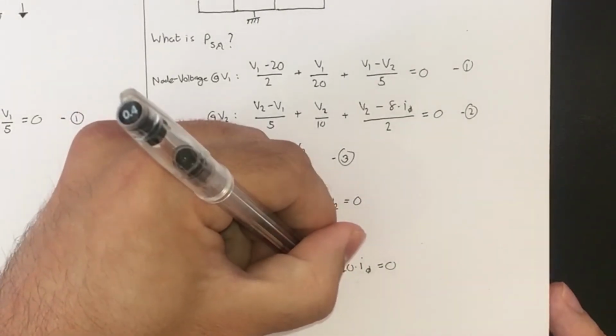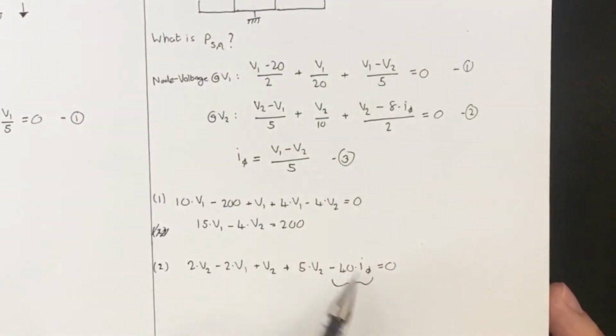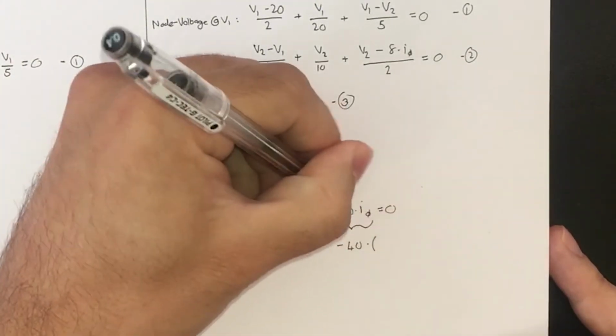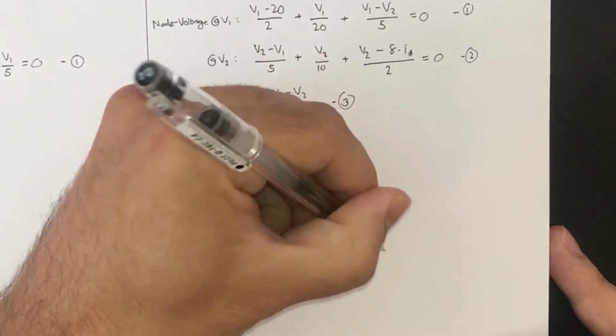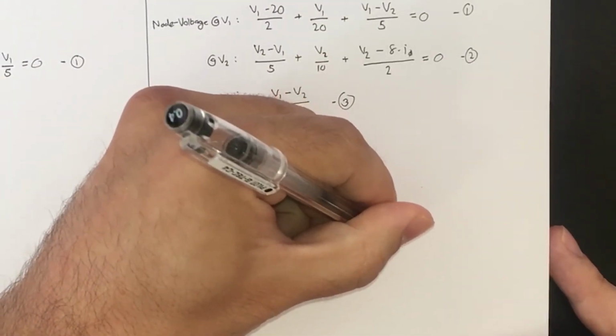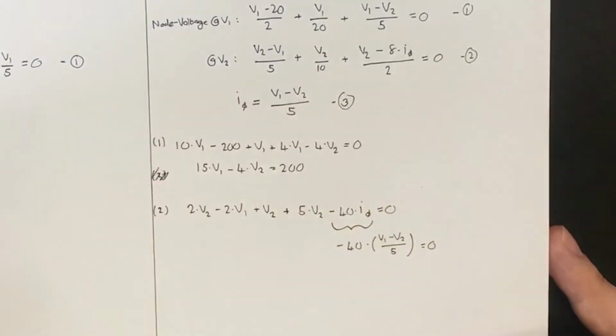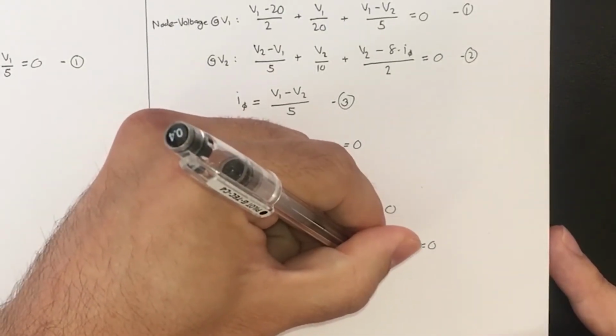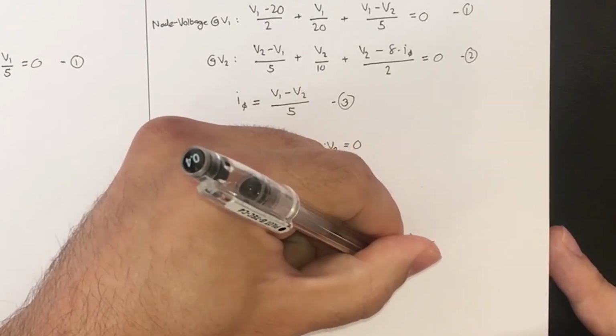We're going to make this simpler. We're going to sub in I phi, since we know it. Minus 40, and we know that I phi is V1 minus V2 over 5, equals 0. So that is minus 8 V1 plus 8 V2.